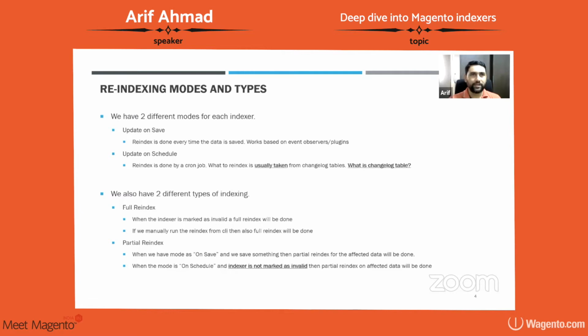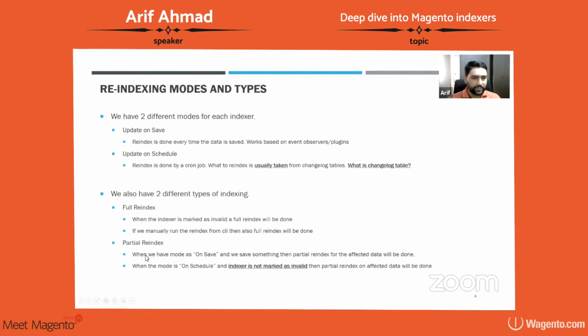We can mark certain indexers as invalid based on some operation we do, like let's say we did a bulk import of catalog, product, or category data or anything. And in case we want to manually set it, we can do it through a CLI command, like we can invalidate a reindex.